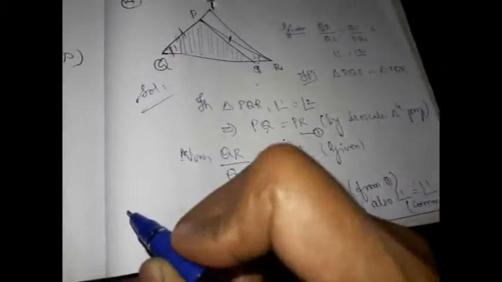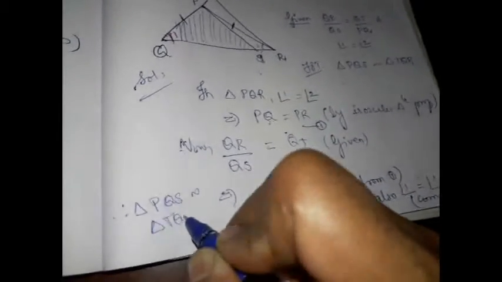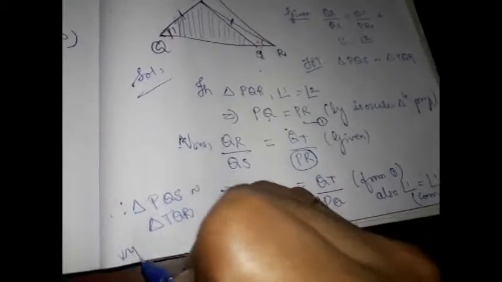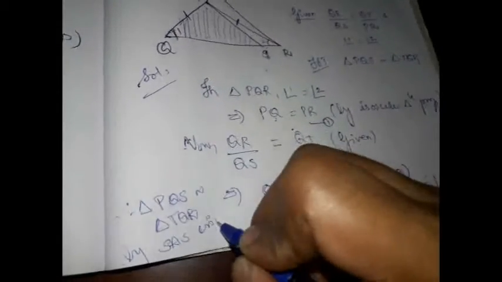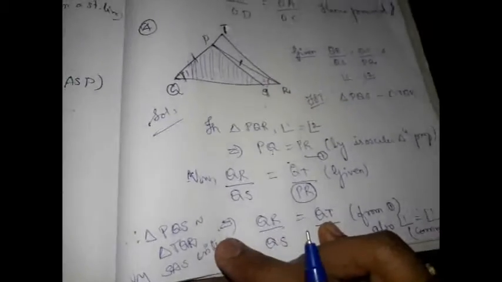Therefore, triangle PQS will become similar to triangle TQR by SAS criteria.